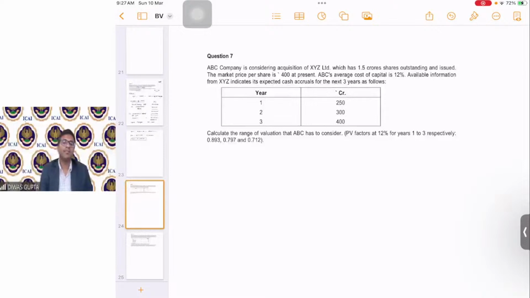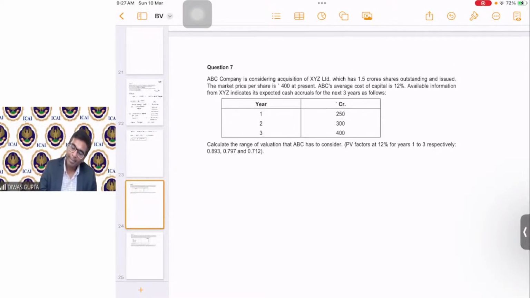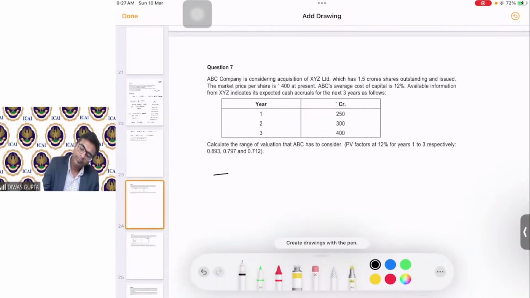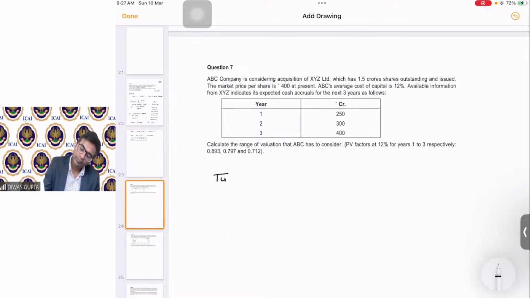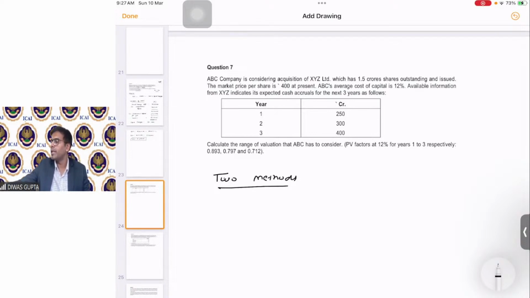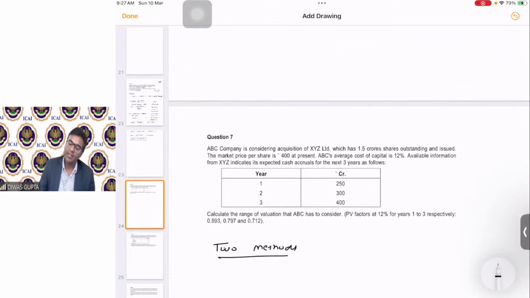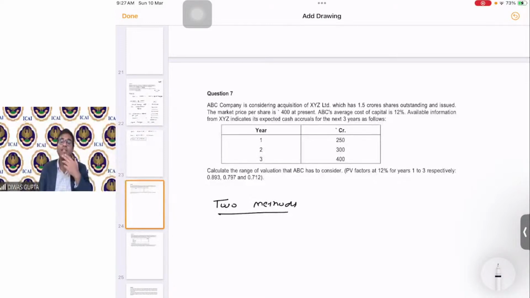Can anyone tell me? Basis whatever is given in the question, we have to apply two methods, students. What will be those two methods? Come on, tell me. Because then only we will be able to arrive at a range that ABC has to consider, students.